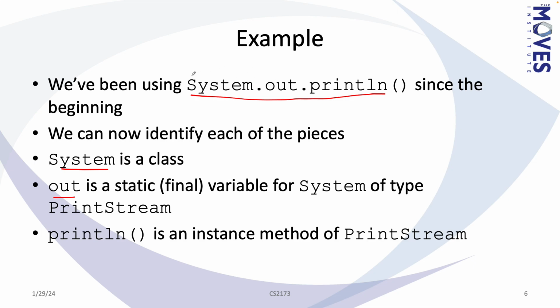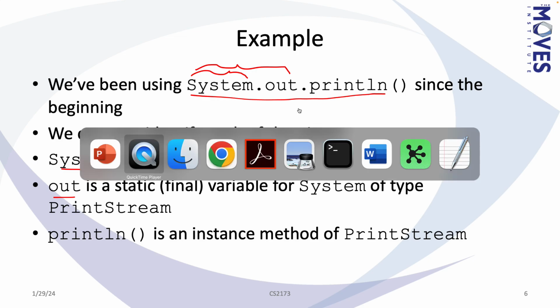So System is a class, and out is an object. And println is an instance method of PrintStream. And how do we know that it's a PrintStream?